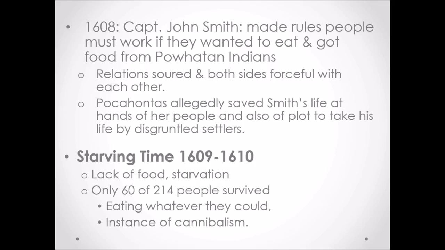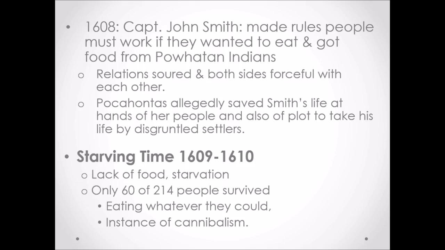Additionally, they were looking to trade for food with the Powhatan Indians, and they're so desperate at this point because of the hardships they've faced that he's willing to trade their resources, their guns and ammunition and things like that, for whatever food they can get, because that's how tough a time they've had. Ultimately, the relations sour with both these groups.